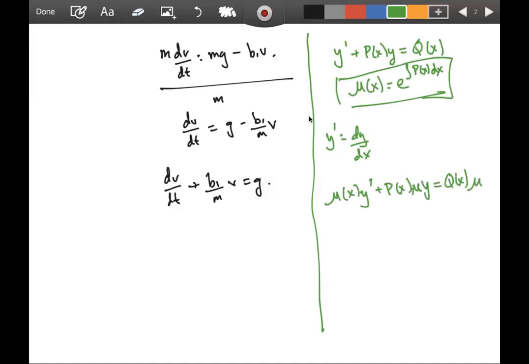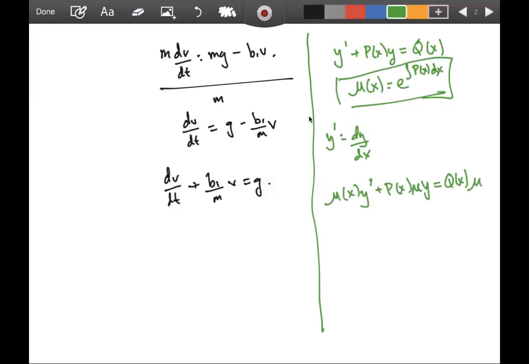Now, you may be thinking to yourself, why do I actually care about doing this? Well, notice what actually happened. The first term has a derivative of y with respect to x. The second term has the derivative of the exponential pulled down in the form of p of x, and still has the mu, where the mu is simply the exponential, times y.